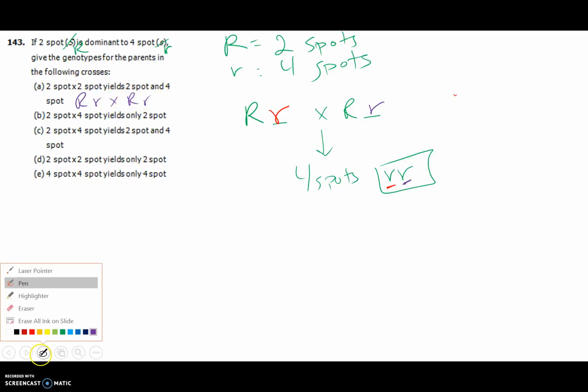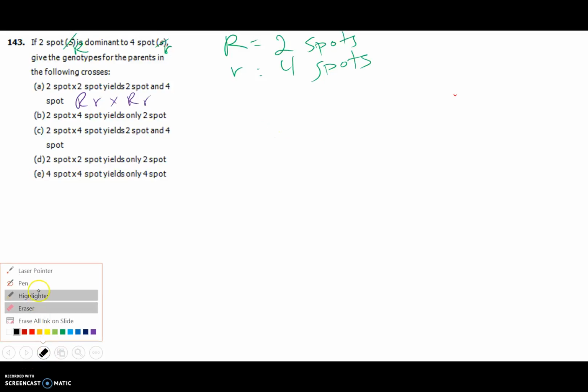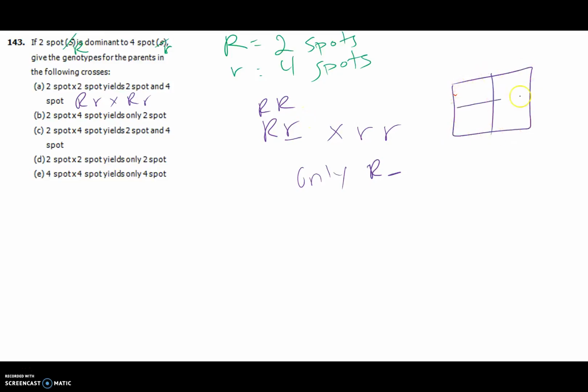Okay, so in our next problem, we have 2 spot and a 4 spot yields only 2 spots. So we have a 2 spot crossed with a 4 spot, but it gives us only 2 spots. If we look at our 2 options for this one, we could be either homozygous dominant or heterozygous. Now you can do Punnett squares to double check yourself.